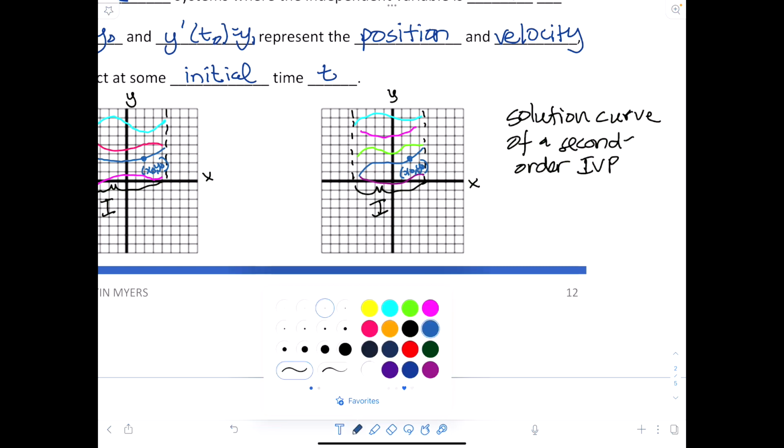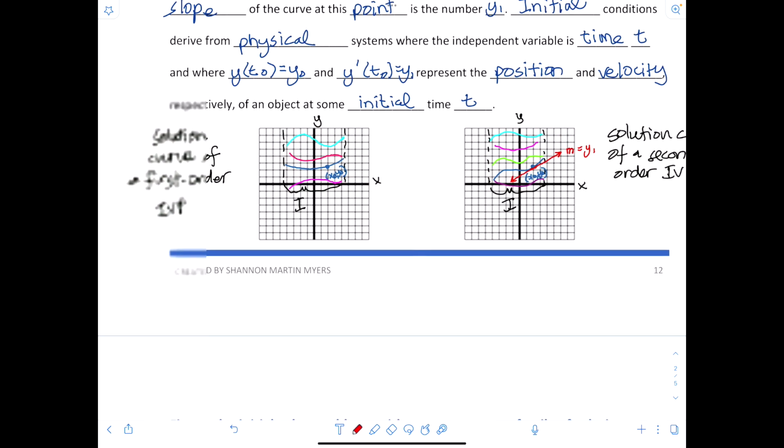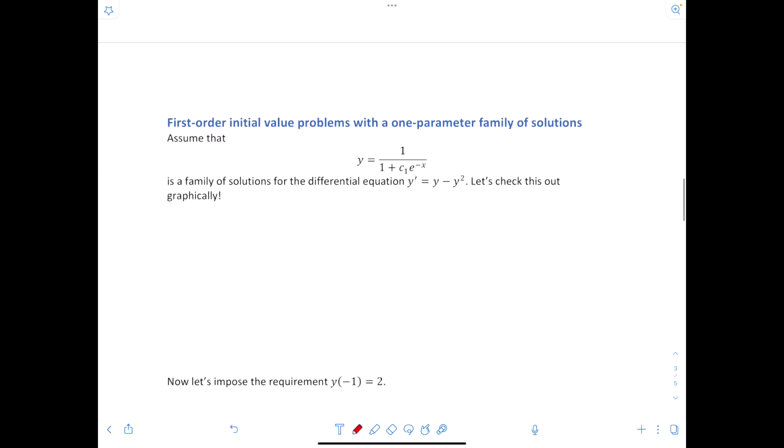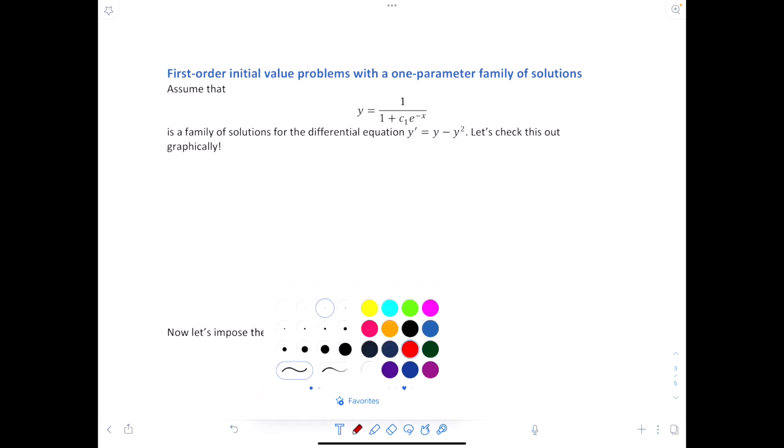You're also going to have this situation where we've got the slope, and the slope is y1. So it gives you even more information. Groovy?